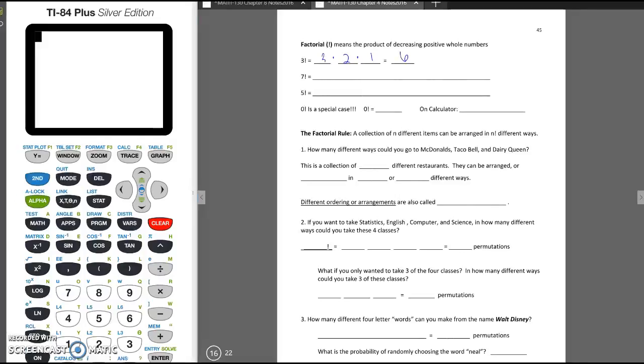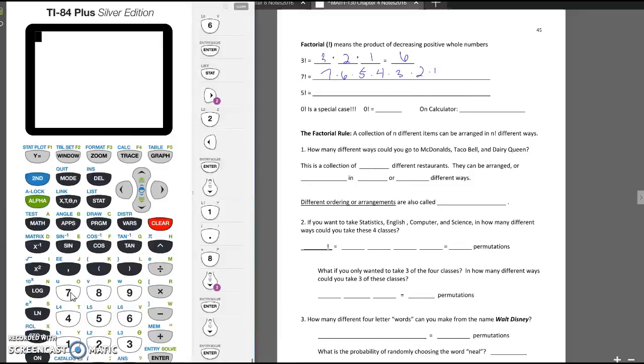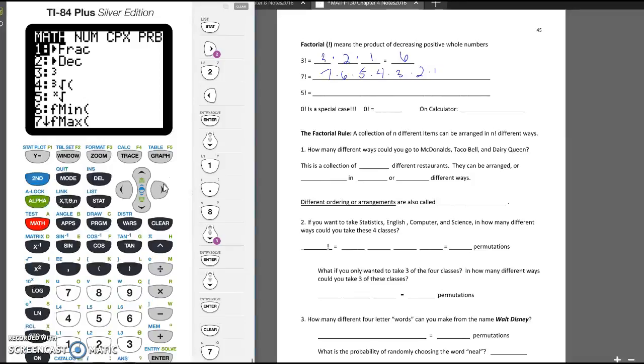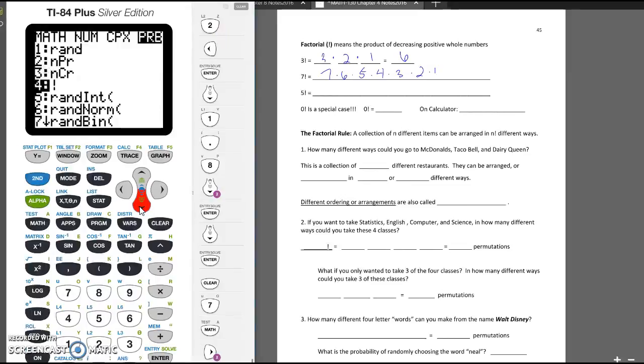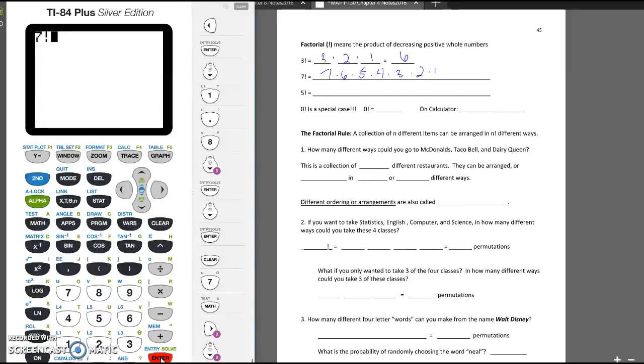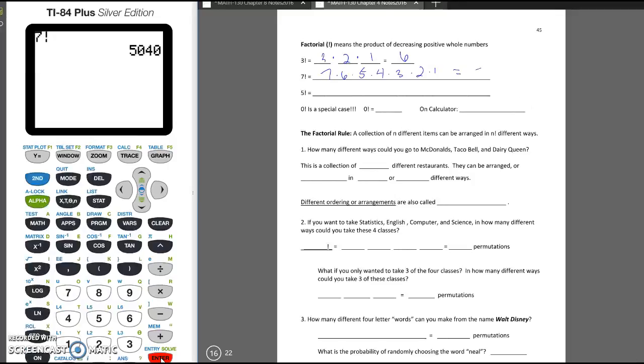When we say 7 factorial, we mean 7 times 6 times 5 times 4 times 3 times 2 times 1, which you could multiply out. But let's also talk about how to do that on our calculator. So we're going to put a 7, and then to get the factorial, we're going to hit math, go over to the letters PRB, that stands for probability, and choose number 4. So 7 factorial, we see, is 5,040.